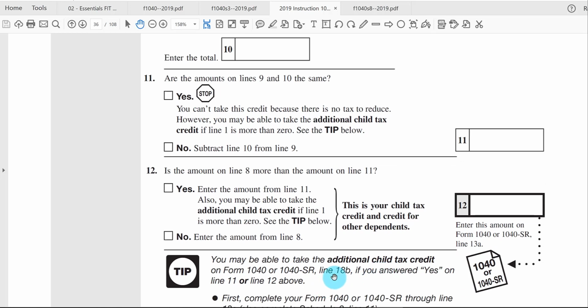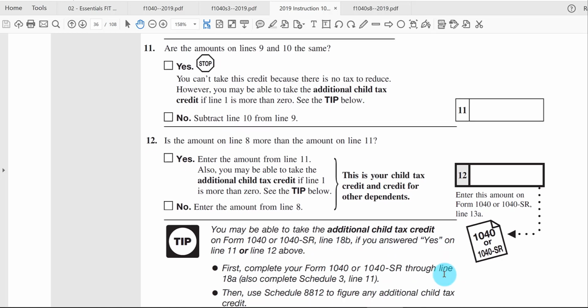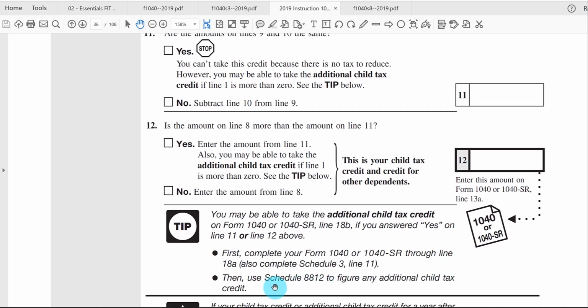Here's a hint saying maybe you should also be looking at this schedule called 8812, because if you cannot use up all of your child tax credit, possibly you can convert it to something called the additional child tax credit. That's a refundable type, versus the non-refundable credit we've just calculated.